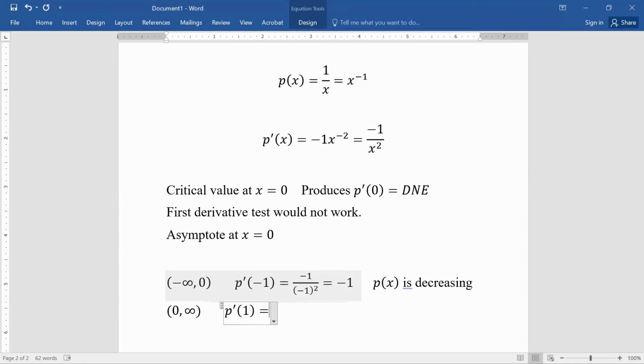The output is -1 over +1 quantity squared, which is -1 again. And therefore, my function is also decreasing along the interval from 0 to infinity.